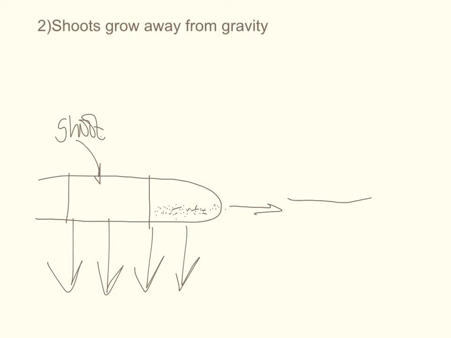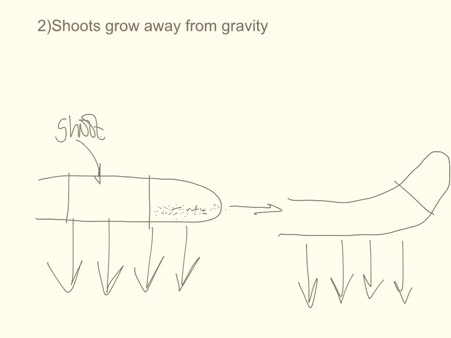So what we are left with is a shoot that still has gravity acting in a downwards motion. However, we now have this auxin produced on our lower side, and once again this has stimulated cell elongation in my shoot area, causing this to grow upwards.